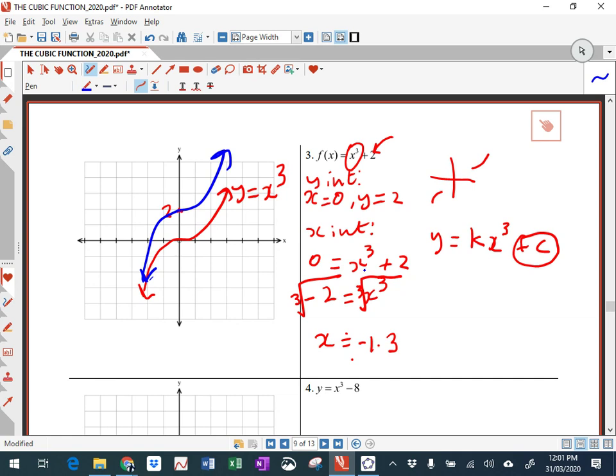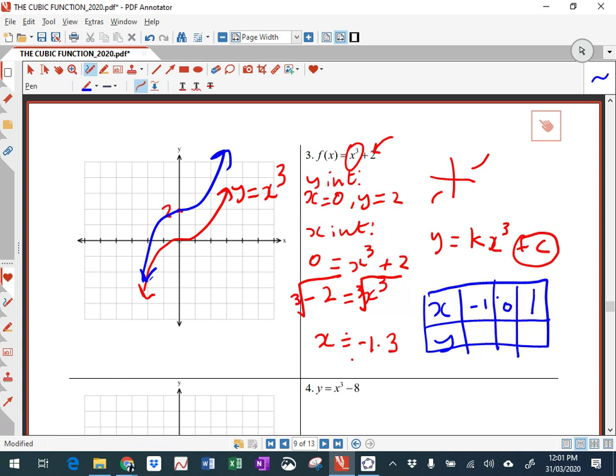Now, of course, if you wanted to do this more accurately, you could do a little table of values here. You could go x and y, and I would just do some basic points again, -1, 0, and 1. If you put -1 in there, I'll get -1 plus 2 is 1. That'll be 2, and that'll be 3.